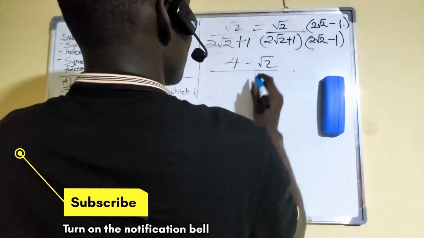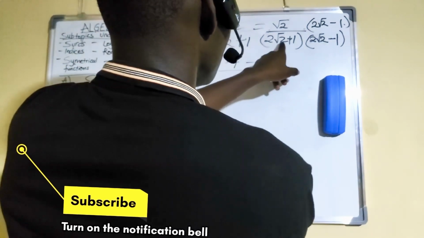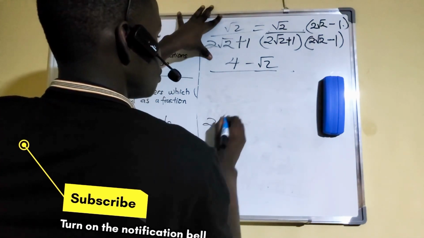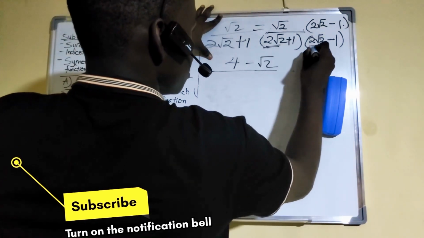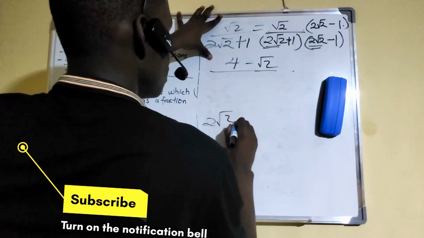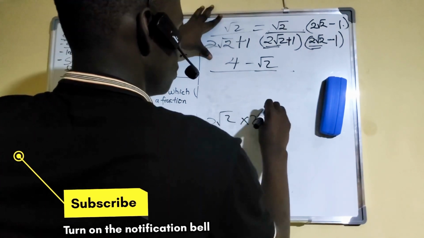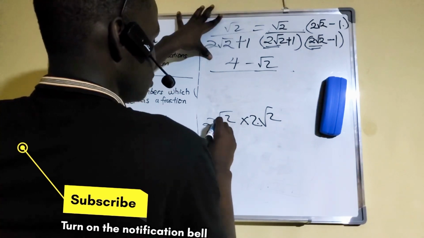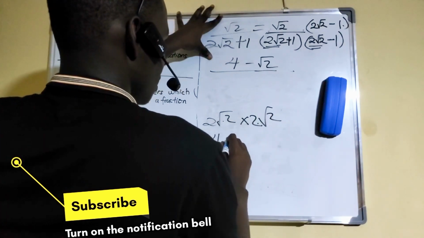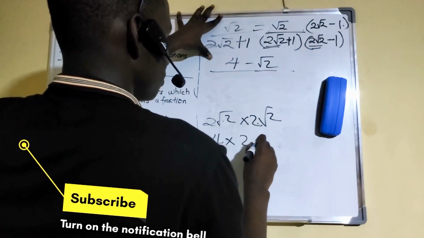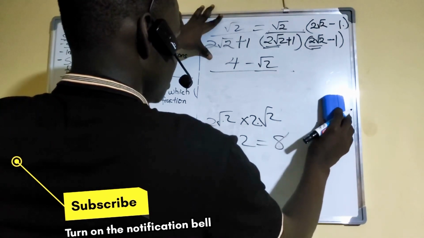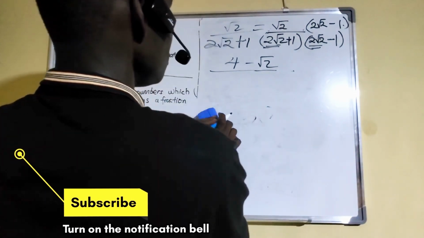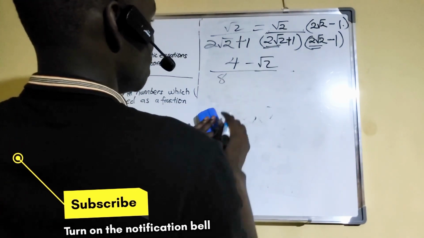root 2. Then this down here, I'm multiplying this times this, 2 root 2 times 2 root 2, this 2 times a 2 gives me a 4, and root 2 times root 2 gives me a 2, which finally gives me an 8.